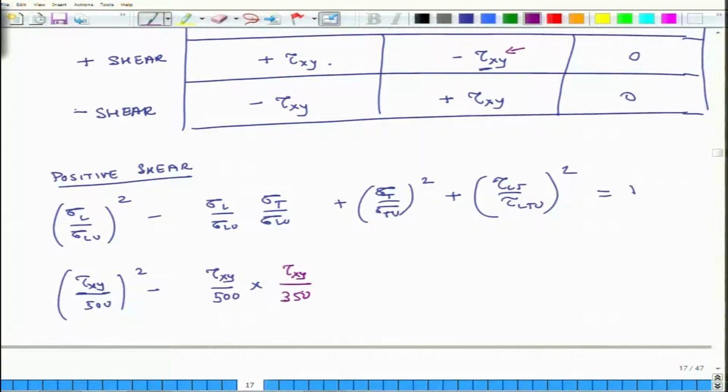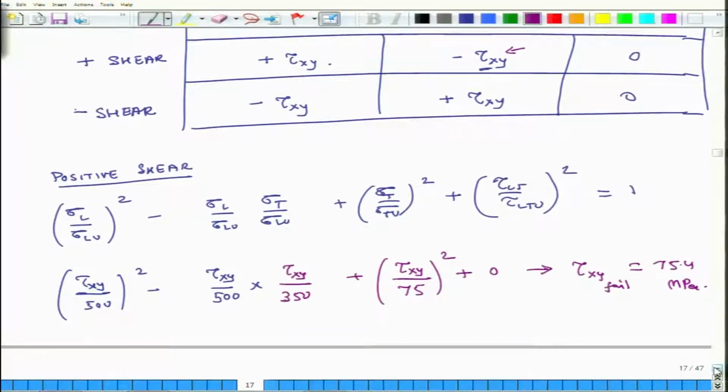Plus sigma T divided by sigma Tu, which is again compressive, so 75, plus 0. If you solve for tau xy, you get the tau xy at which it will fail. This comes out to be 75.4 MPa.